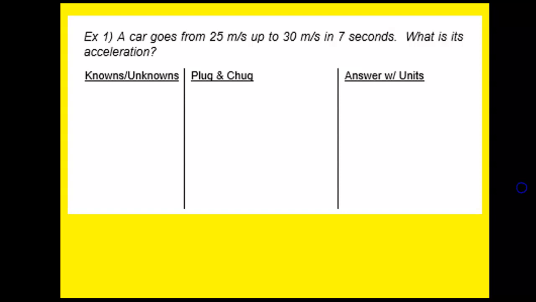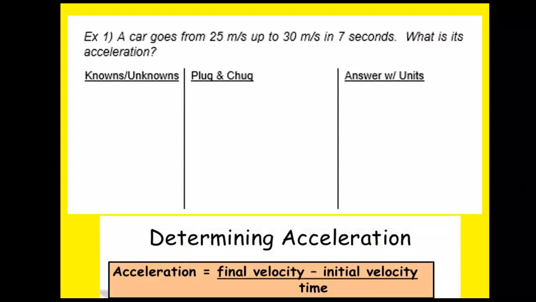So again, we know the formula for acceleration is final velocity minus initial velocity divided by time. First thing that I've been given is 25 meters per second. Then I've been given 30 meters per second. The way that you recognize which one's initial and which one is final is based off of the wording. It says a car goes from 25 to 30.